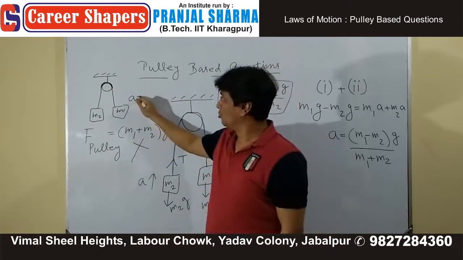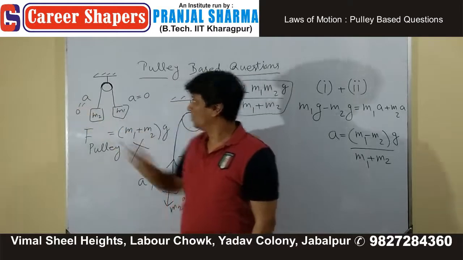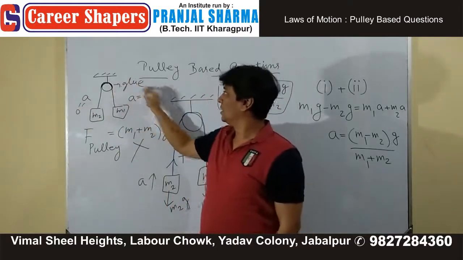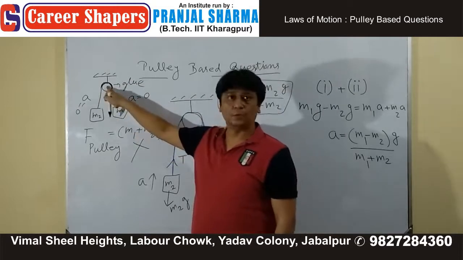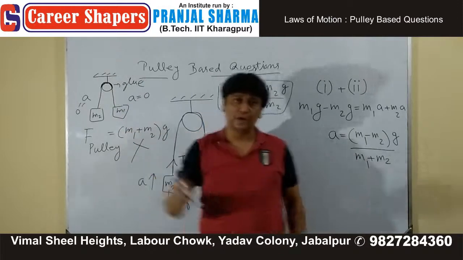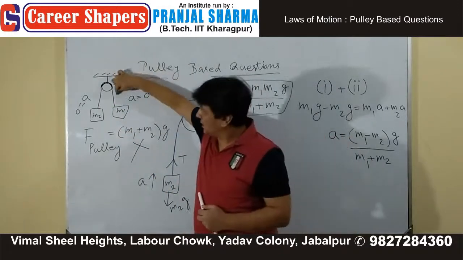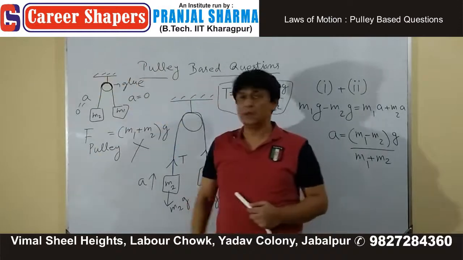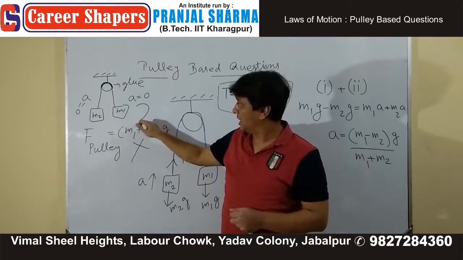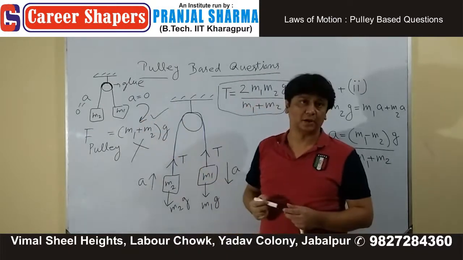If somehow you produce A equals 0, with the help of a glue, you make sure that M1 and M2 are not moving. इस कंडीशन में ये रोप कितना फोर्स इस पुली पर लगाती? आंसर विल बी M1 plus M2 G.